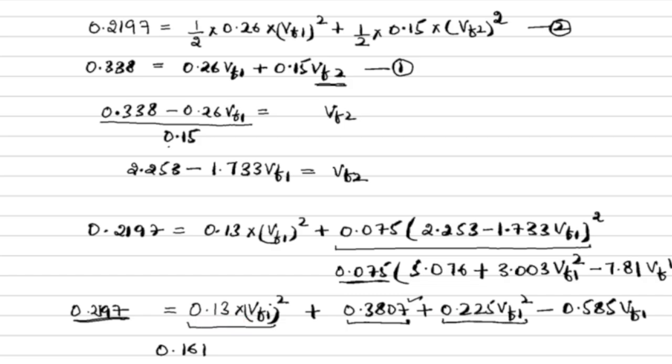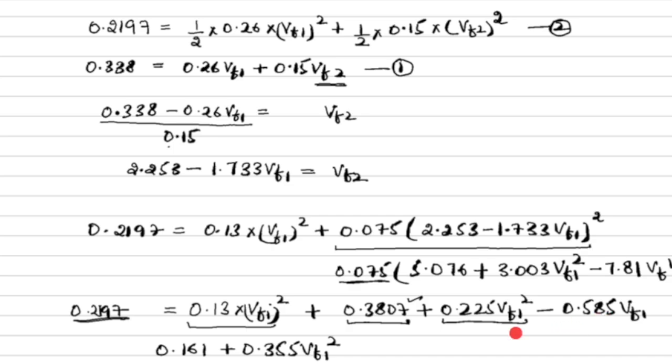So 0.13 plus 0.225 gives me plus 0.355 VF1 squared.